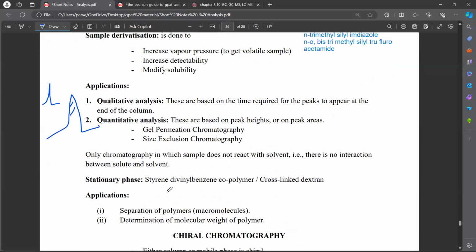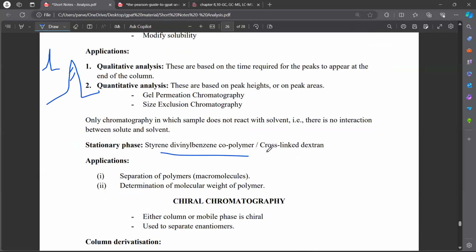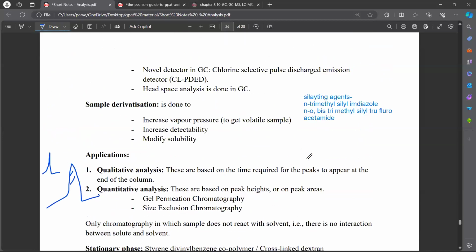In the stationary phase, as I mentioned, in size exclusion chromatography it is generally the styrene divinyl benzene copolymer or the cross-linked dextran. So which chromatography is used for the separation of protein, guys?